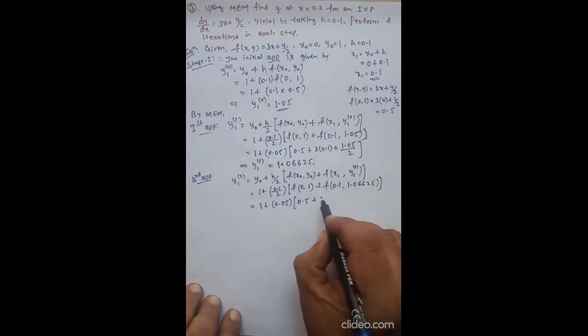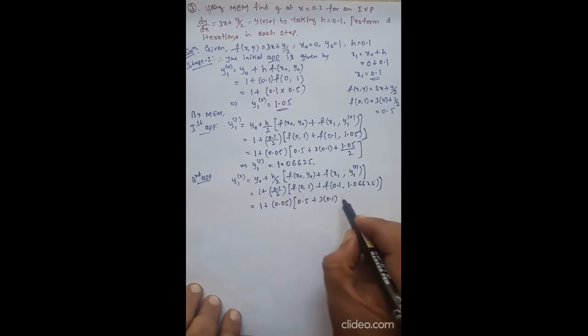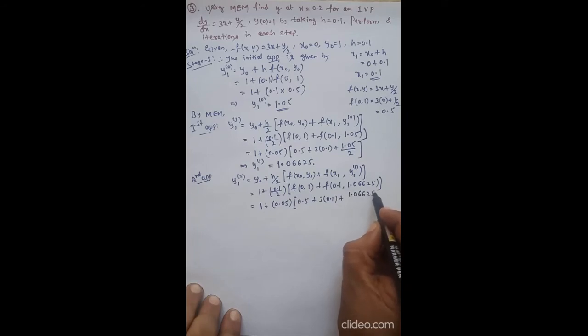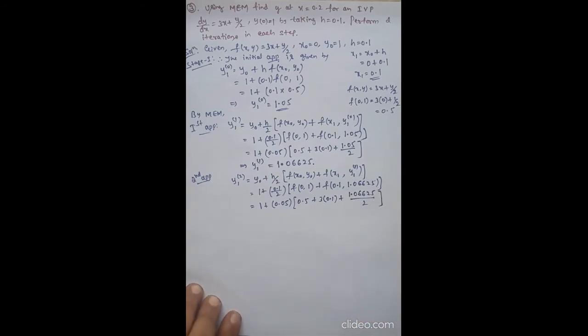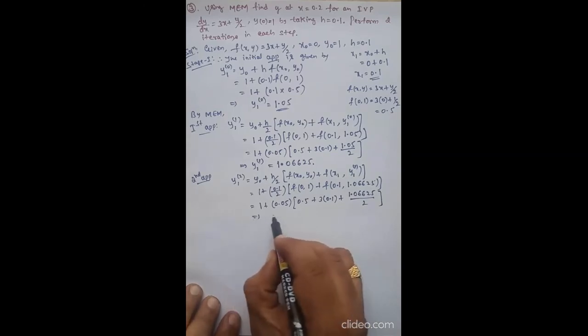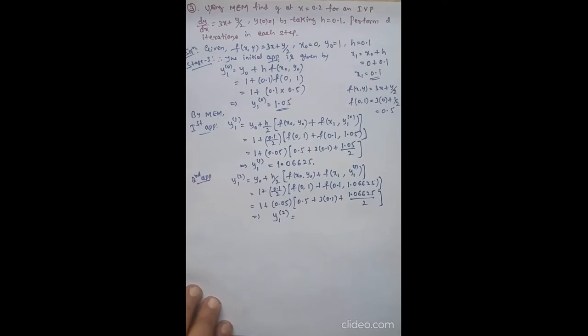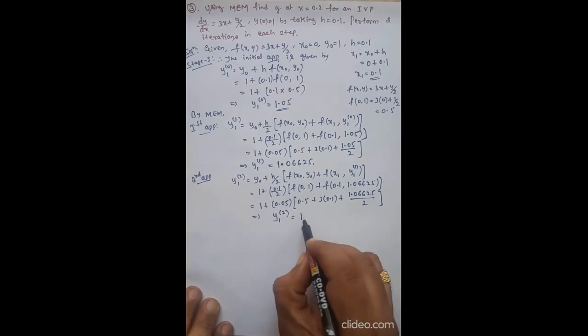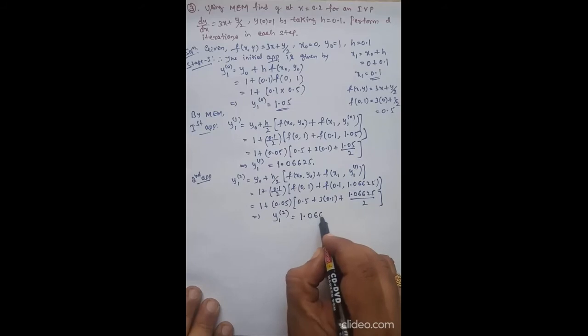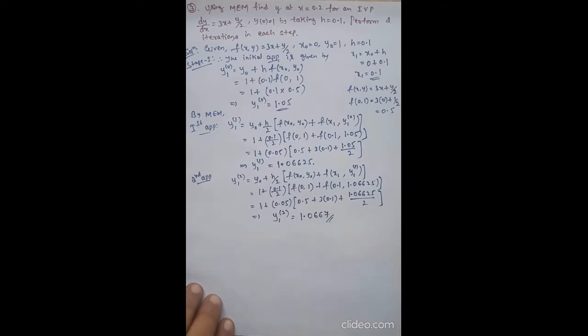So it is 3 into x, x is 0.1 plus y by 2, y by 2 means 1.06625 divided by 2. So use your calculators and simplify, you get y1 power 2, the second approximation. So the second approximation is 1.0667. So this is the second approximation we got.